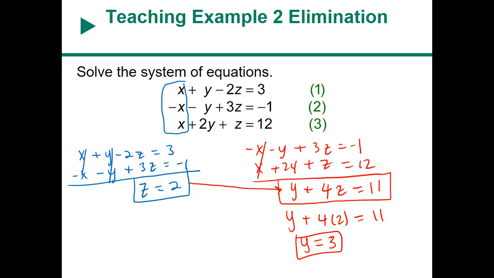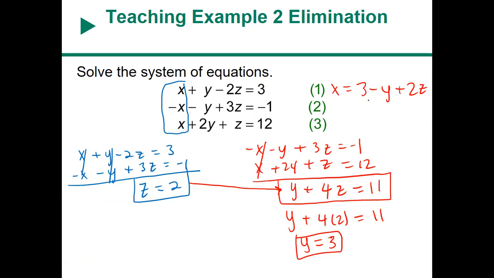Okay. Now the last thing we do is go back to the original and you're going to solve for x. It doesn't matter which one of the equations you're going to use. I'm going to use equation number 1 to get x by itself. So I know x equals 3 minus y plus 2z. And because I know the value of y and z, can I solve for x? Well, yes, I can.